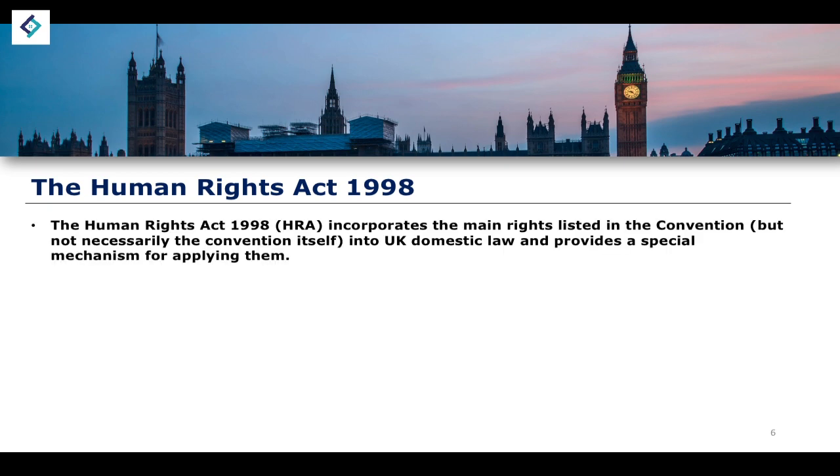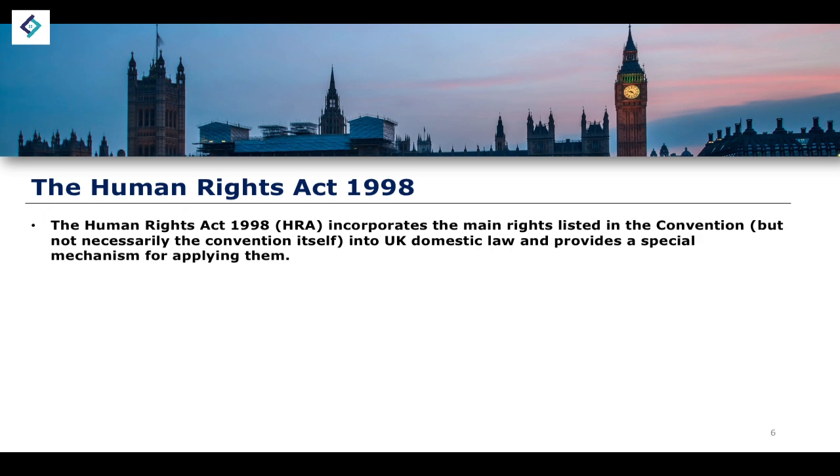Because what the Human Rights Act of 1998 does is incorporate the main rights that are listed in the Convention, not necessarily the Convention itself, into UK domestic law and provides a special mechanism for applying them within the domestic court structure.